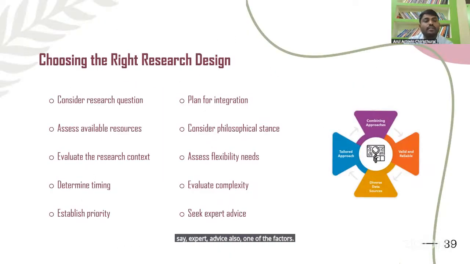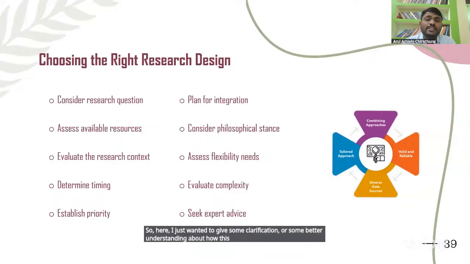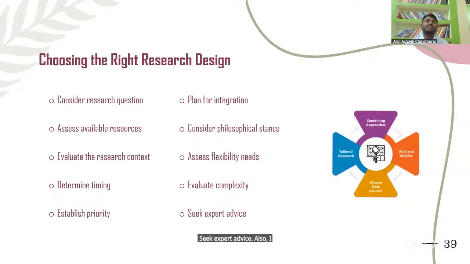That's what we need to keep in our mind. So here I just wanted to give some clarification, or some better understanding, about why seek expert advice is also added here, apart from choosing the right research design.